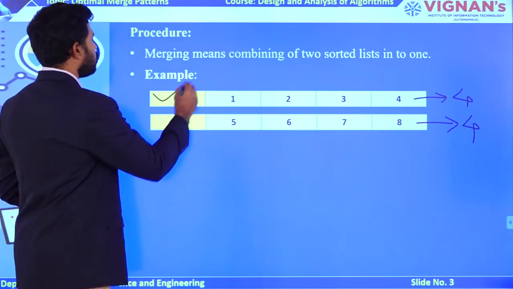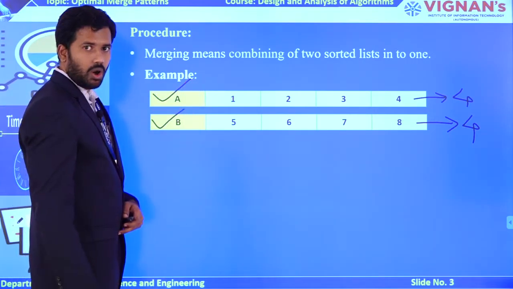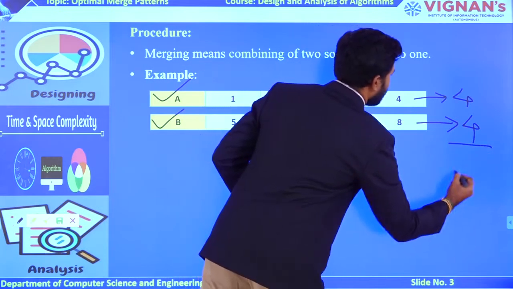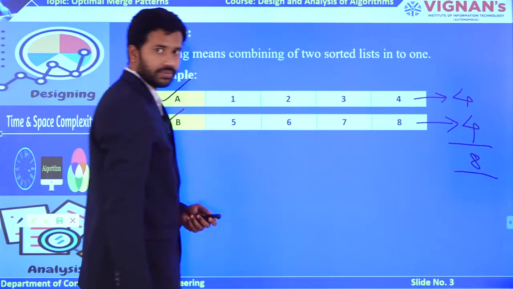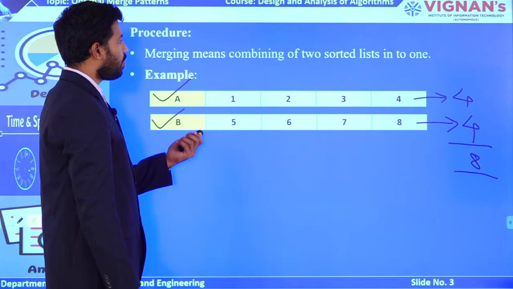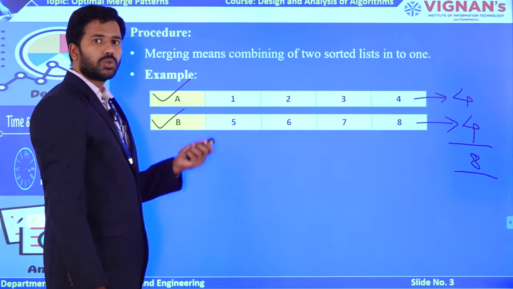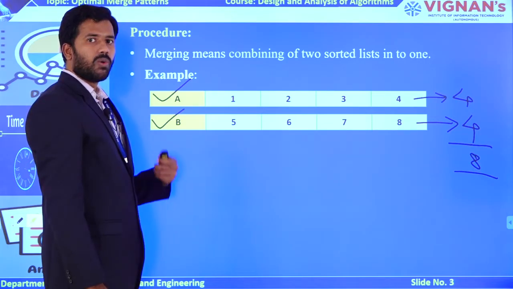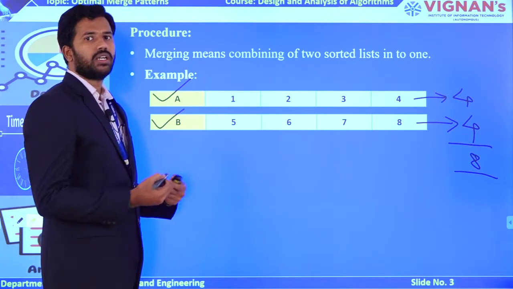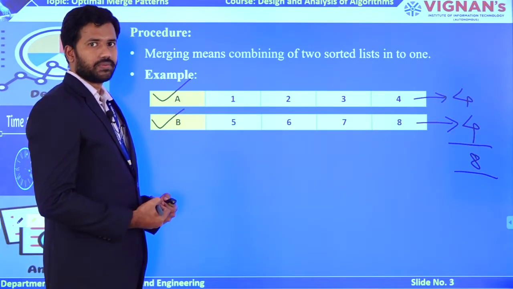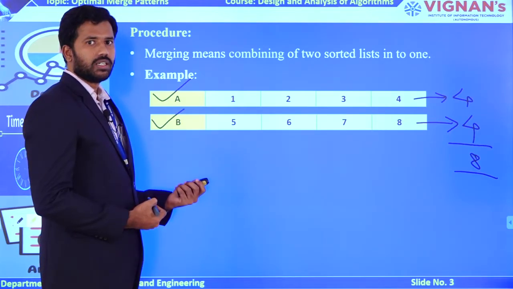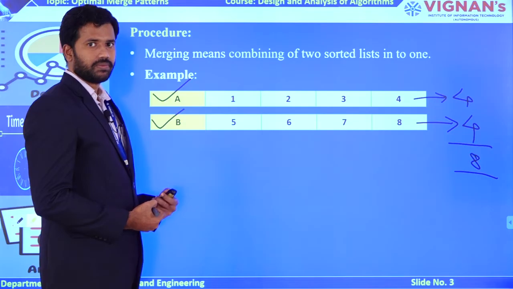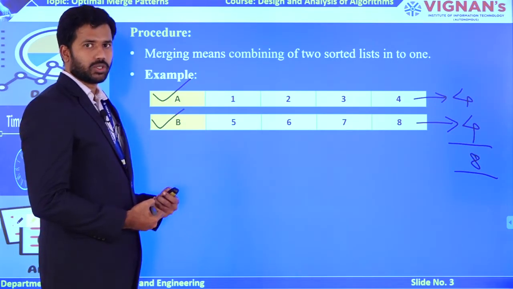To merge these two sorted arrays, how much memory do you need to allocate for the merged file? 4 plus 4, which is 8, right? This is the way you merge two sorted files with merge sort. Now my scenario is what happens if you have more than two files? Ultimately you require a greedy technique to get the optimal solution. Here my optimal solution is the minimum, that is my best solution.